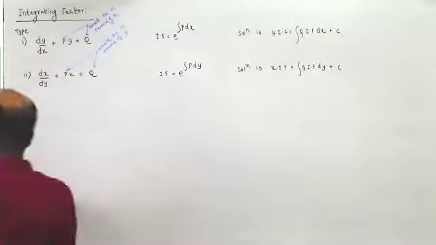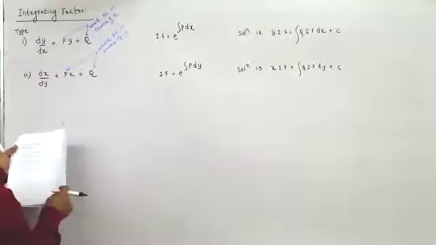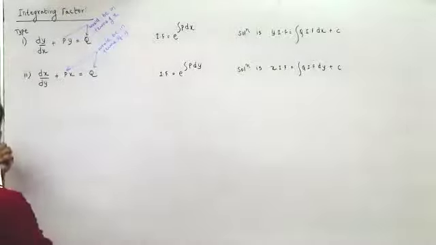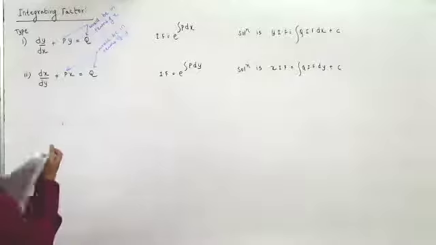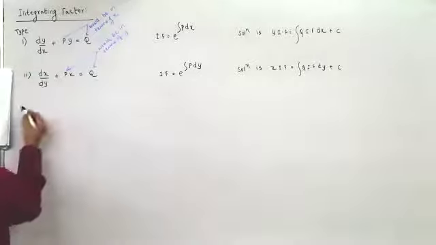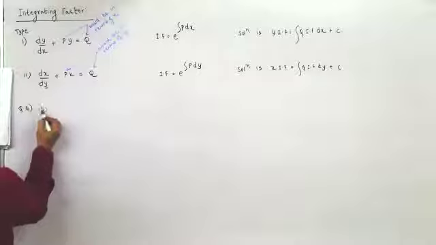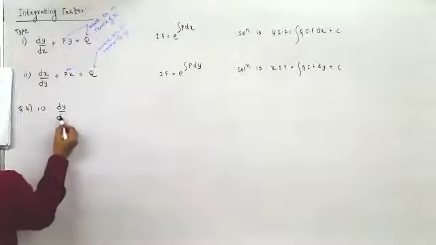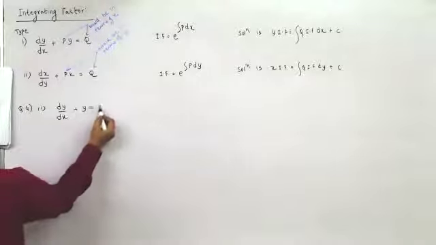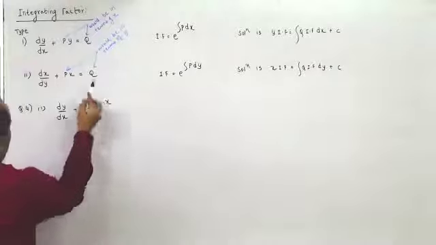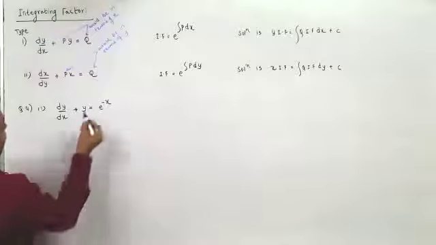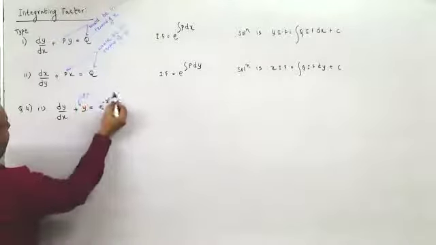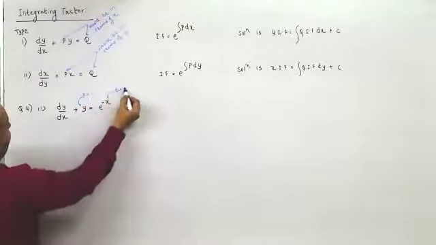I'll take up the next type of problem here, where you have question 4, the first part: dy by dx plus y is equal to e raised to minus x. If you observe, it is in this form, where p is 1 and q is e raised to minus x.